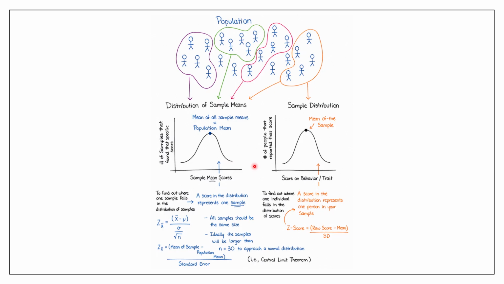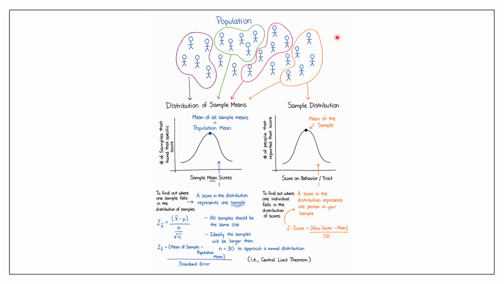The main difference, though, is that whereas in the sample distribution, we have the scores of individuals that are distributed in this graph, we're going to have now samples. So every sample that you see here is one score. So one score represents one sample.